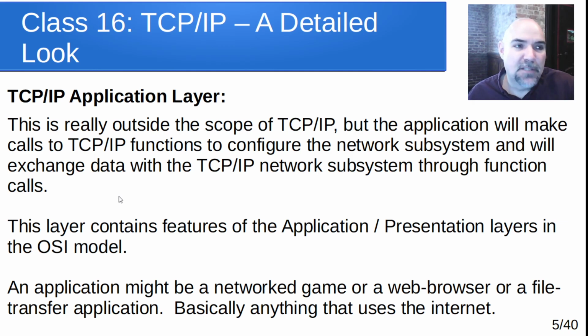So an application would be anything you can think of: network game, web browser, file transfer application. It could be an industrial networking system that monitors machines. It could be an Internet of Things security system. It could be anything that uses the internet. But it's going to sit on top of and make use of the TCP and IP function calls.